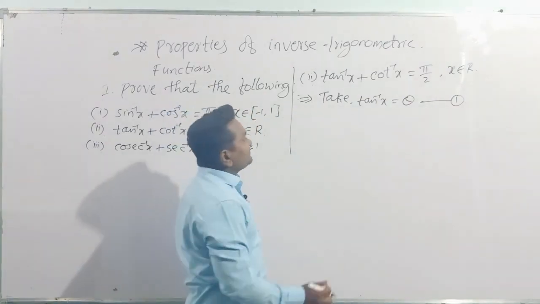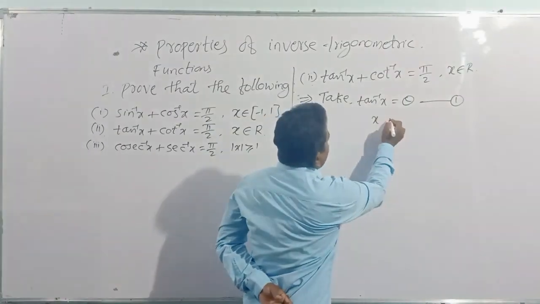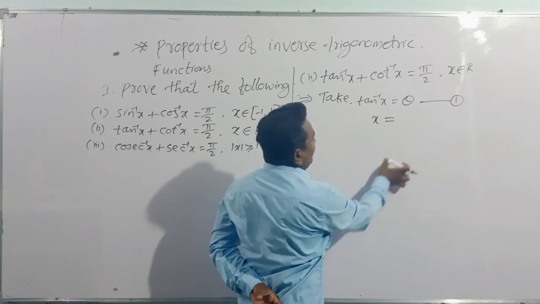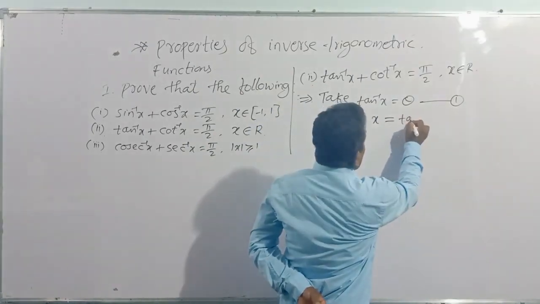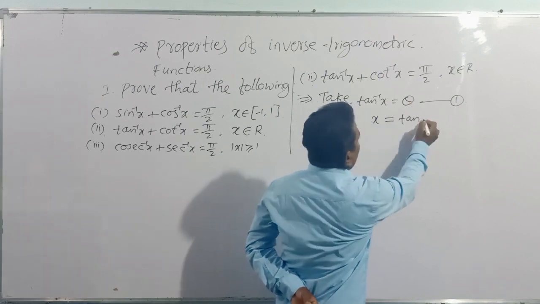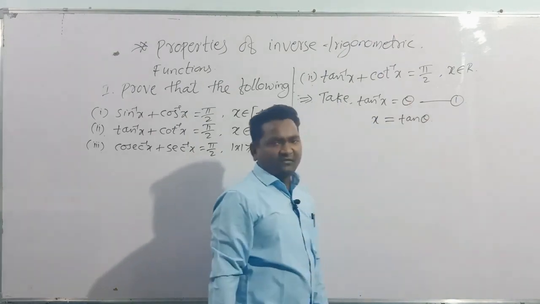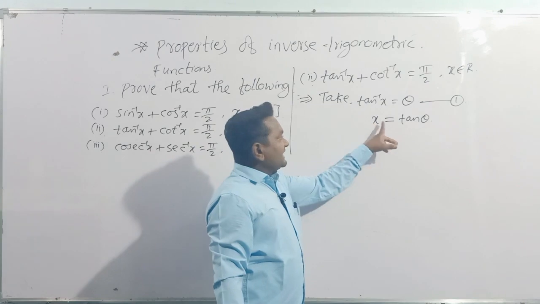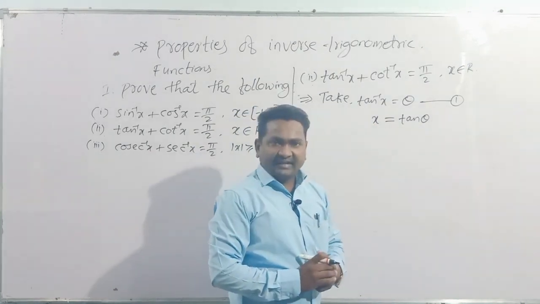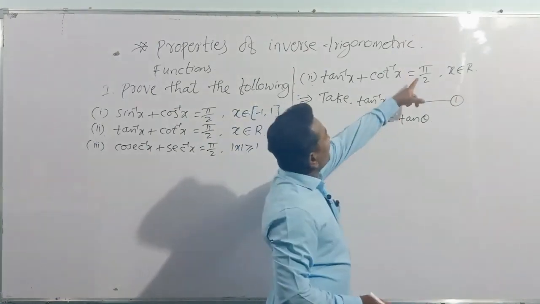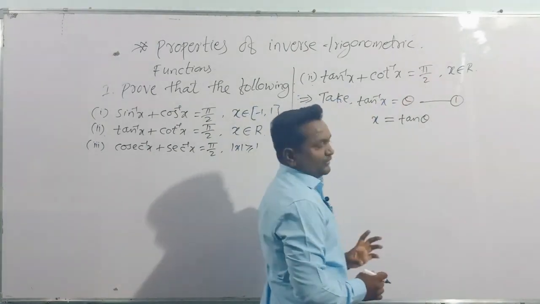Next again this x keep as it is there only. This tan inverse function move right hand side, it become tan theta only. Inverse trigonometric functions move right hand side, it become trigonometric function. Finally x equal to tan theta. Further we have to replace the value for tan theta because we have to prove pi by 2 here.